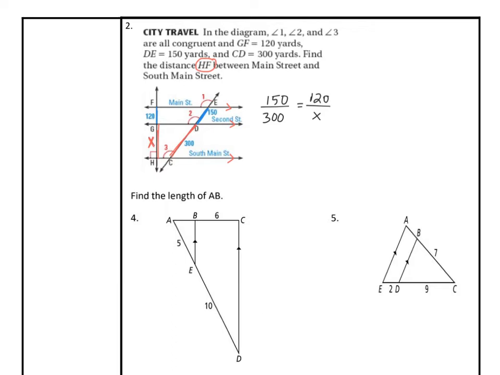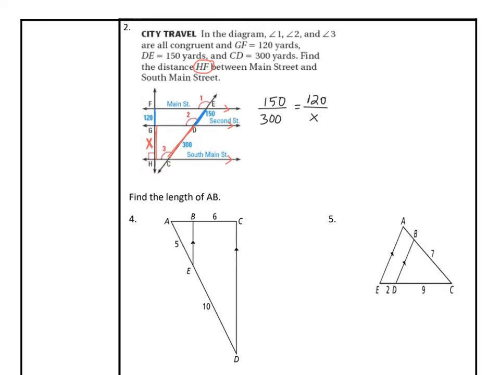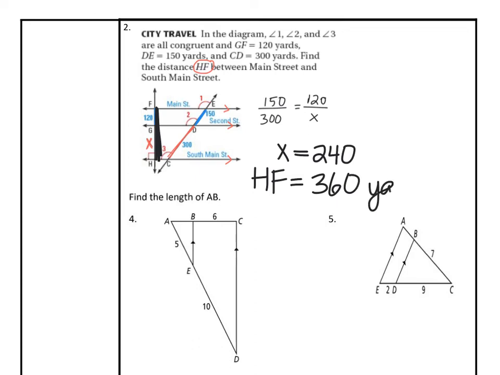If you do that correctly, then you should get X to be 240. But we're not trying to find X, we're trying to find HF. So HF is this entire thing. You have to add 240 to 120. HF is 360 units, yards.